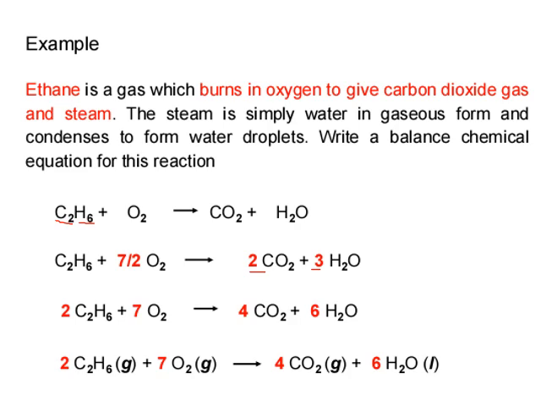Oxygen on the left is 2, on the right is 2, and then here 2, and here 3. We just added 3 now, so 4 plus 3 is 7. So how do we do it? You might put 7 over 2. Why do you put 7 over 2?